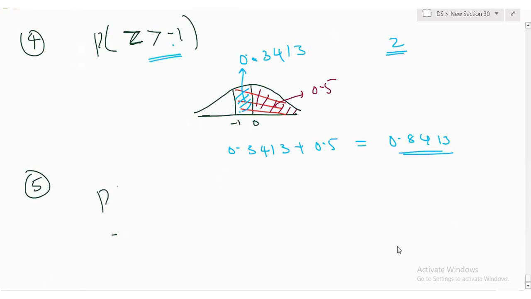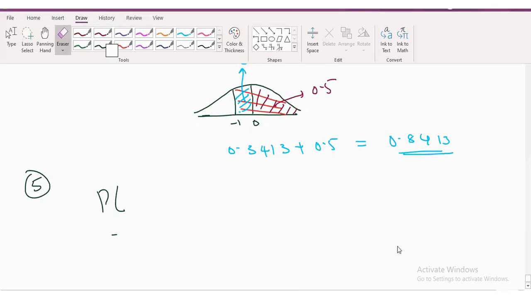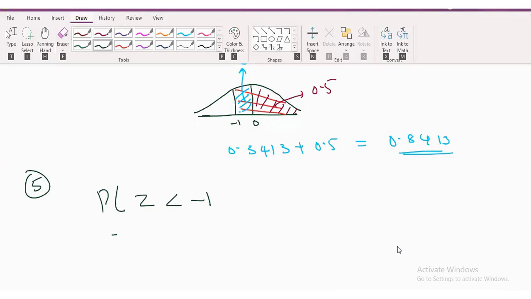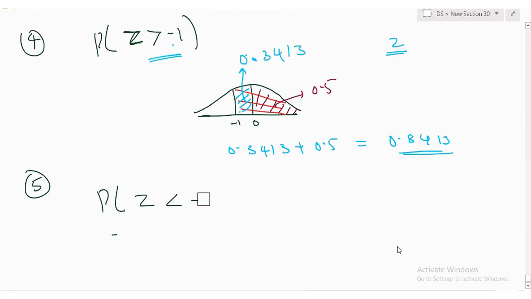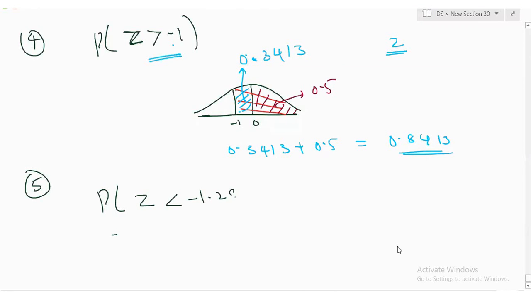Now I'm asking to calculate the minus side. Let us calculate Z less than -1. Or not -1, this time let us do something different. Minus 1.28.